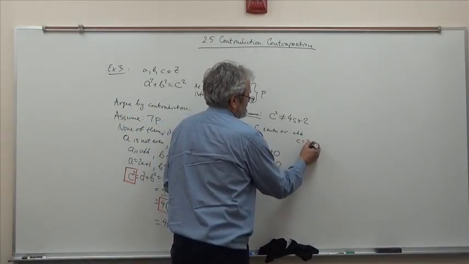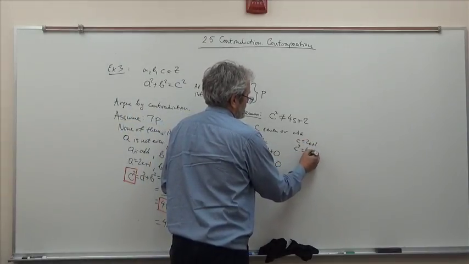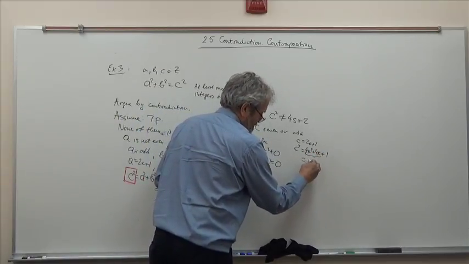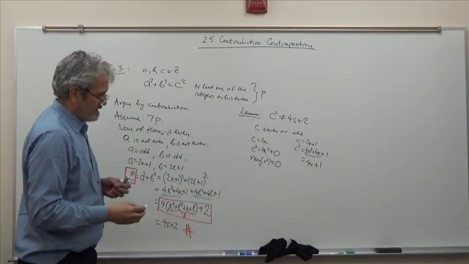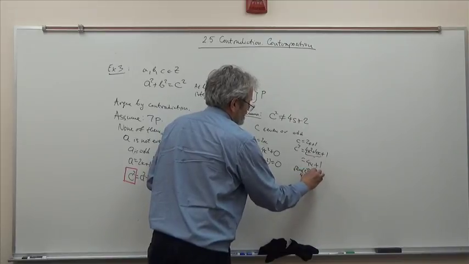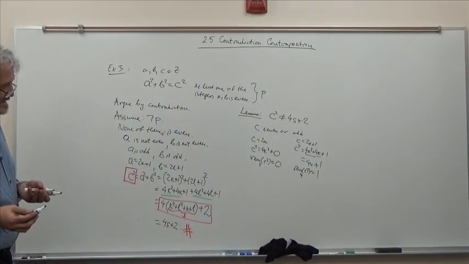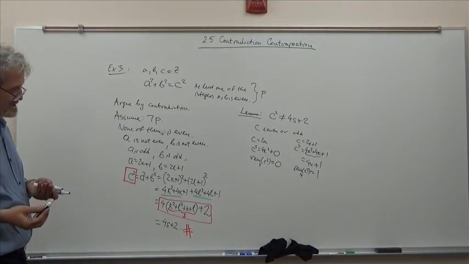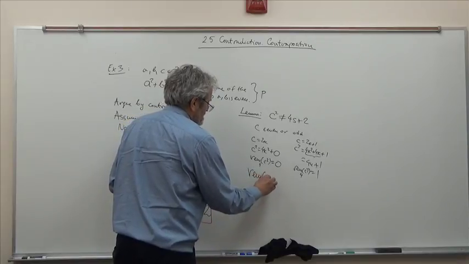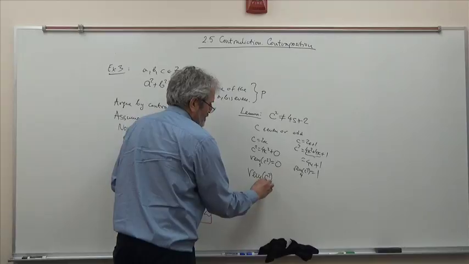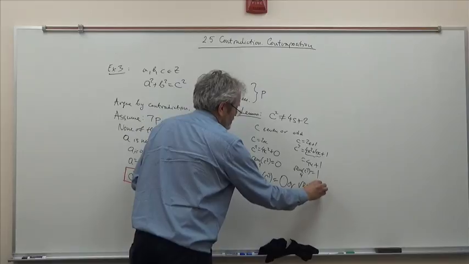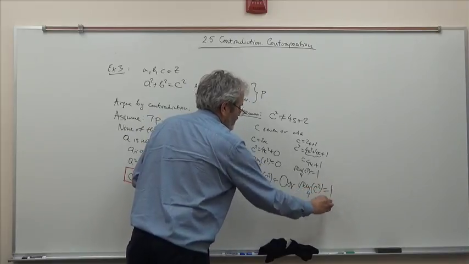If c is odd, your c squared is 4k squared plus 4k plus 1. If I call this 4u plus 1, the remainder of c squared when you divide it by 4 is 1. So actually we prove something nicer: the remainder of the square of an integer modulo 4 is either 0 or 1.